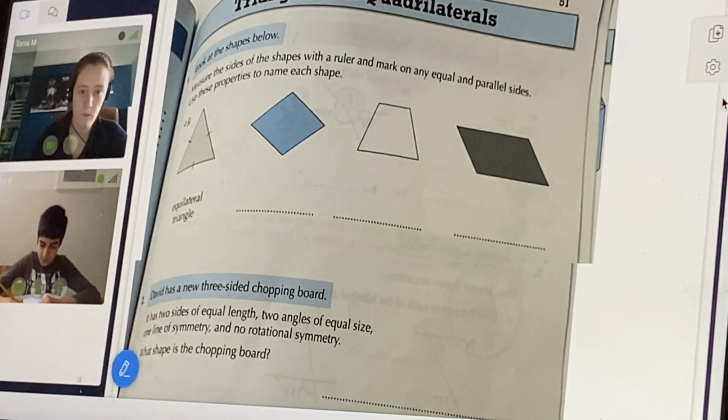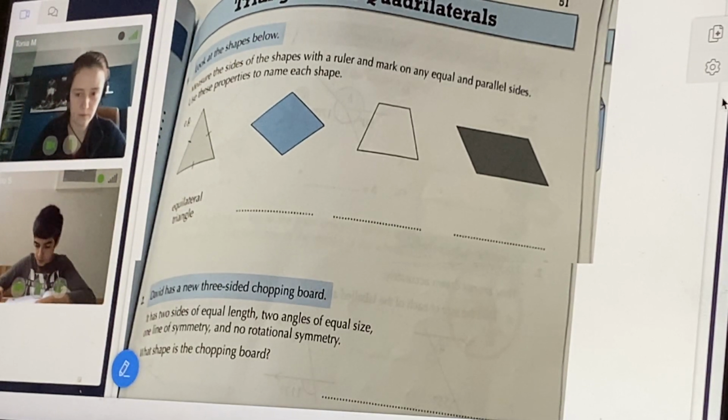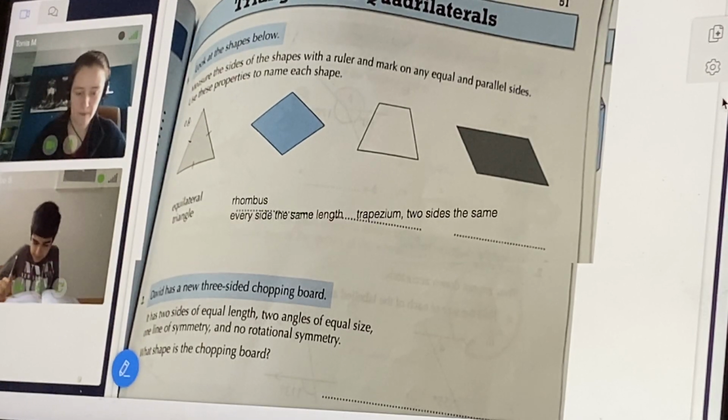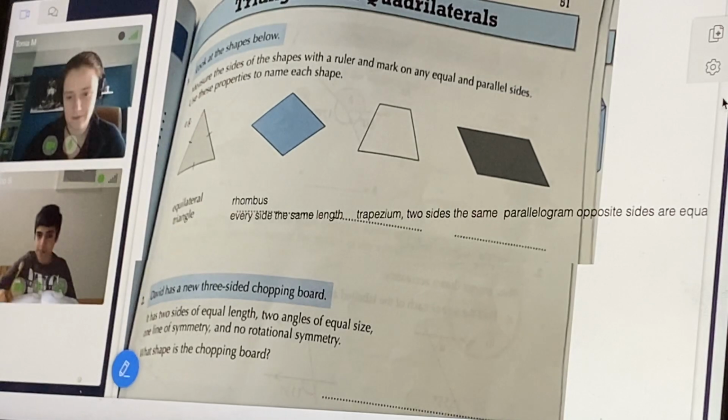Each side was 1.9, and the next one was a trapezium. Only one side was the same, and the next one was a parallelogram, and only the top side was the same, and for the parallelogram all of the sides were the same.